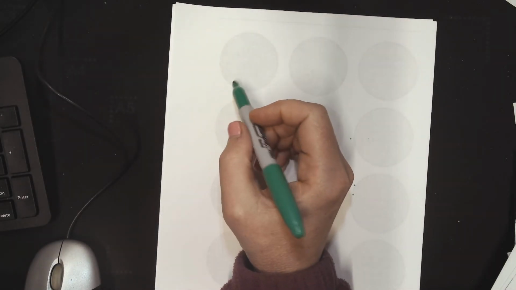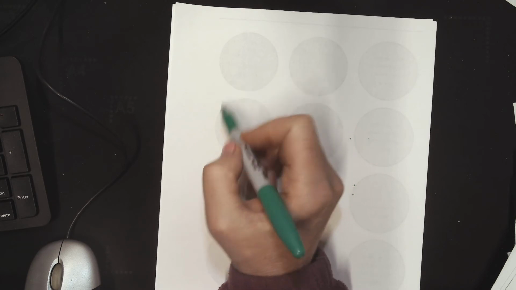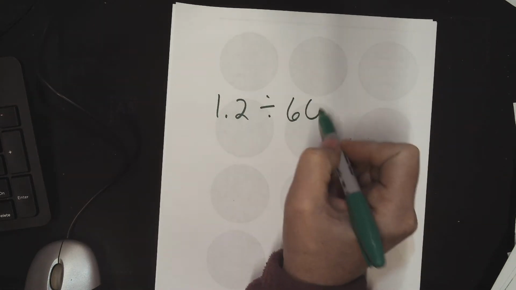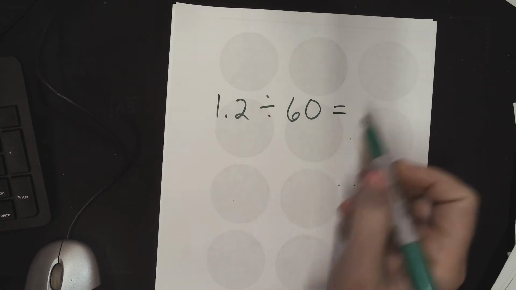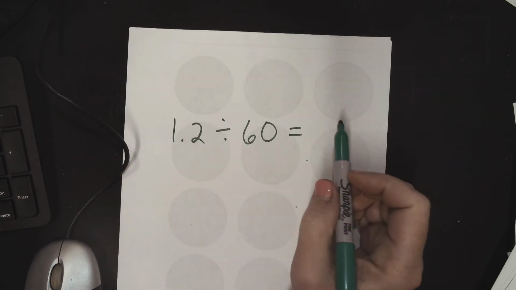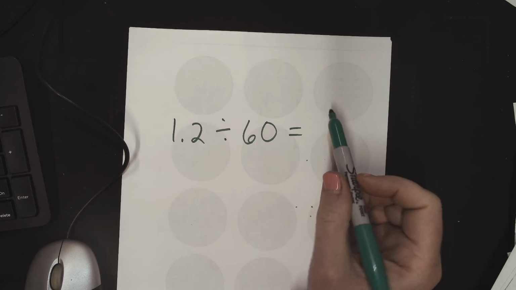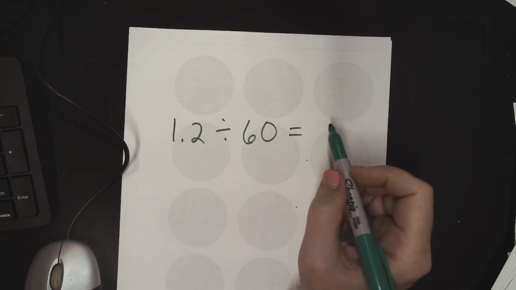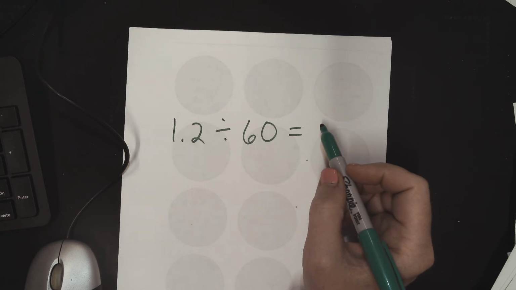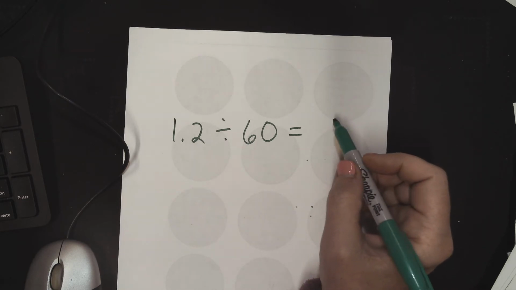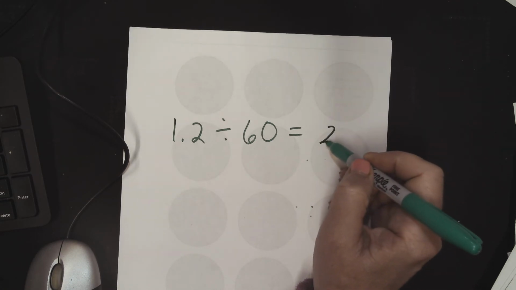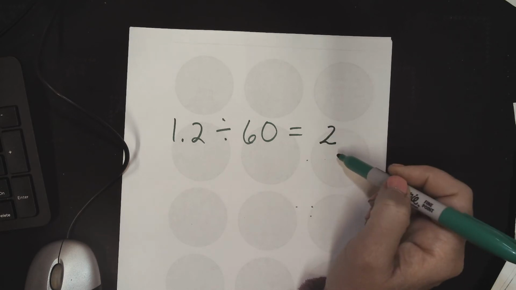What if I have 1.2 divided by 60? Ooh, this looks creepy. Okay, well, I just did 1.2 divided by 6, and what was that answer? 2, so it'd be 20. No. Let's just start with the 2 first. If I have 12 divided by 6, I get 2, right?